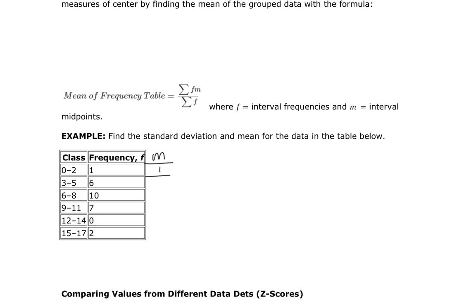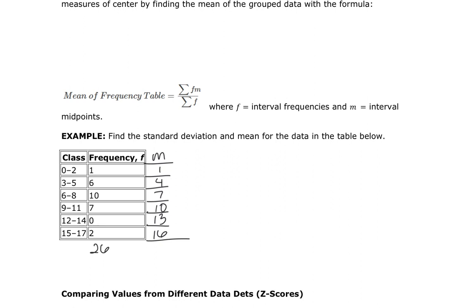So I'm just going to go 1 and then 4, 7, 10, 13, and 16. With this, I'm still going to need to find out how many pieces of data I have, and I added this all up, and I have 26 pieces of data.